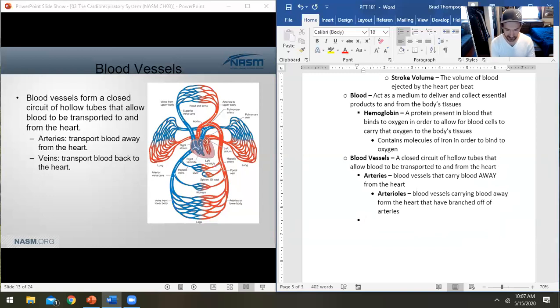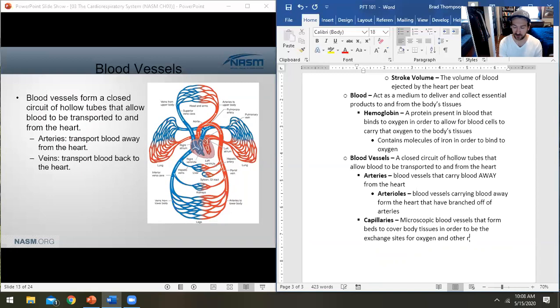So capillaries are microscopic blood vessels that form beds to cover body tissues in order to be the exchange site for oxygen and other nutrients.